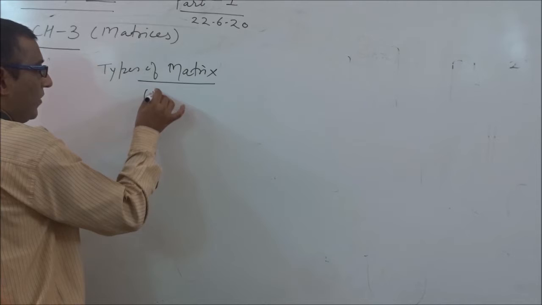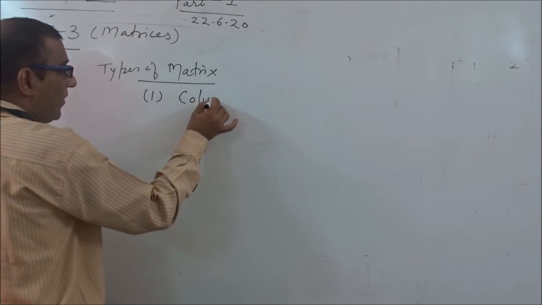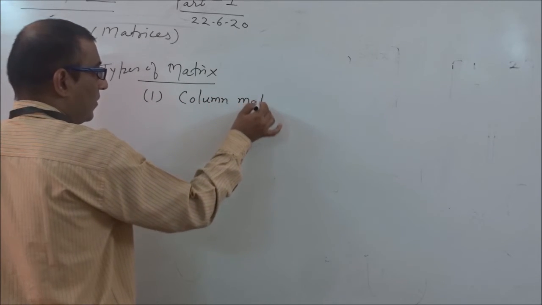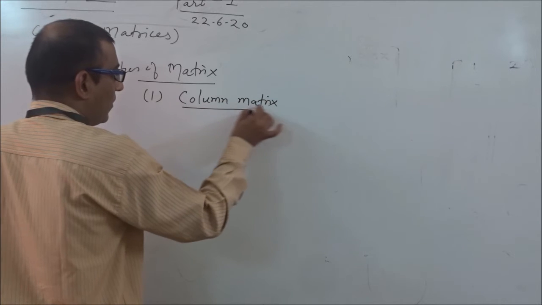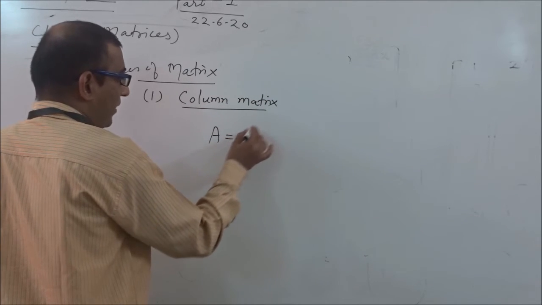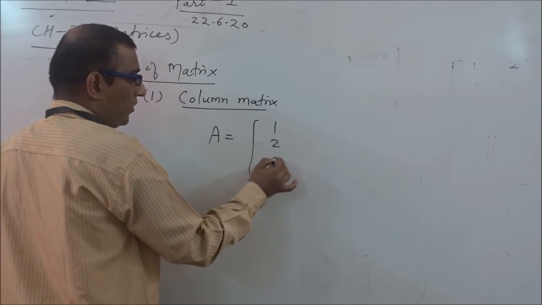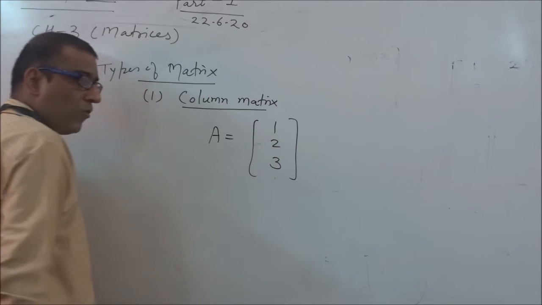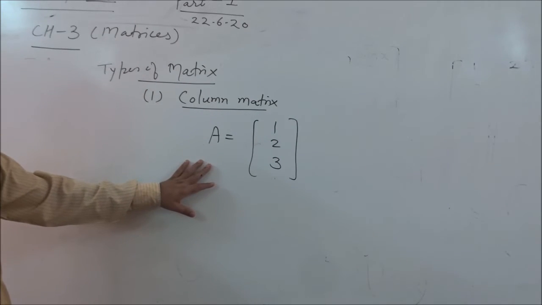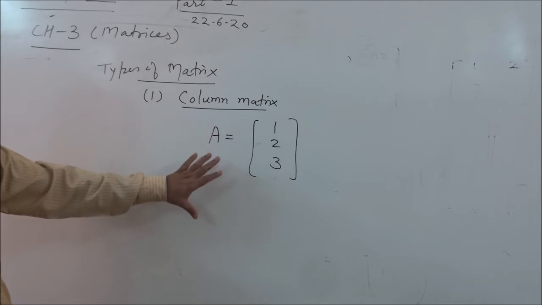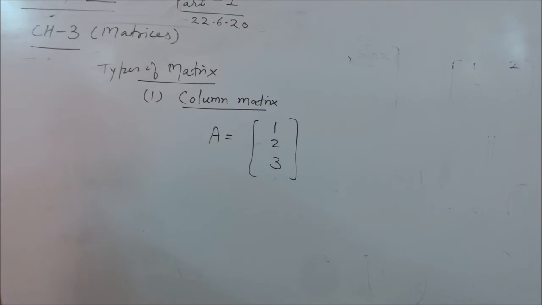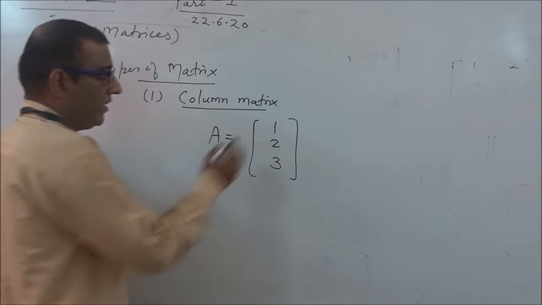Under this heading, first we will go with the column matrix. For example, if we are saying 1, 2, 3, so only one column is there. That's why this type of matrix is known as column matrix. It includes only one column.